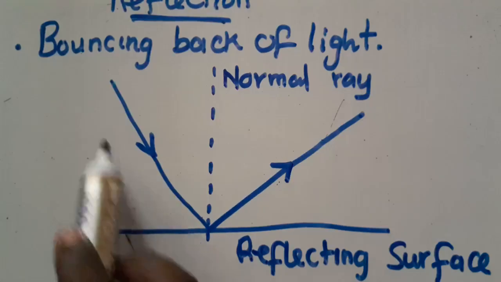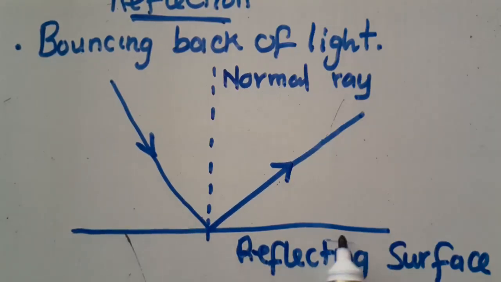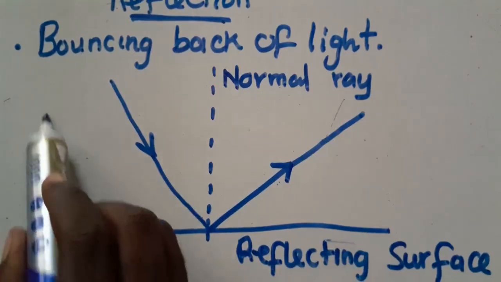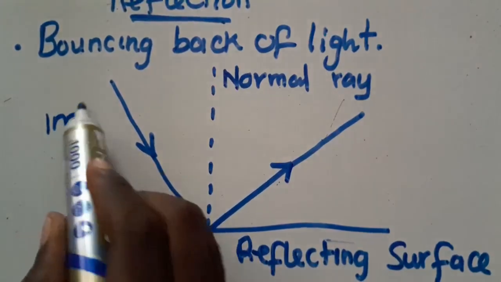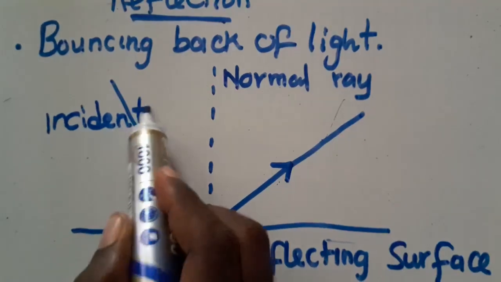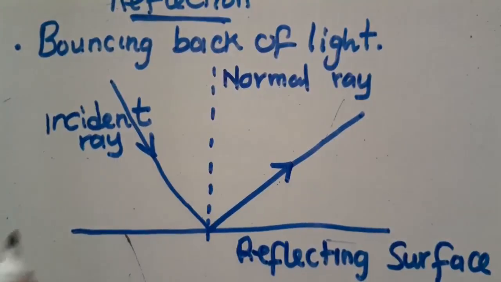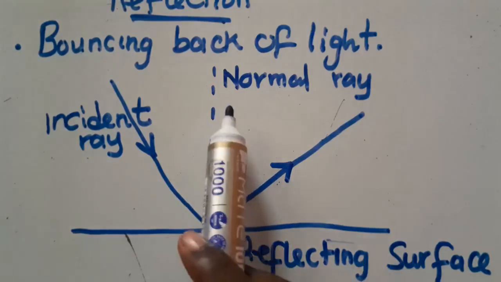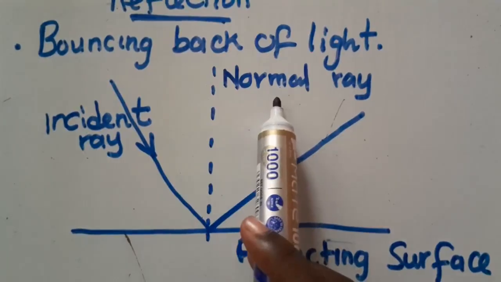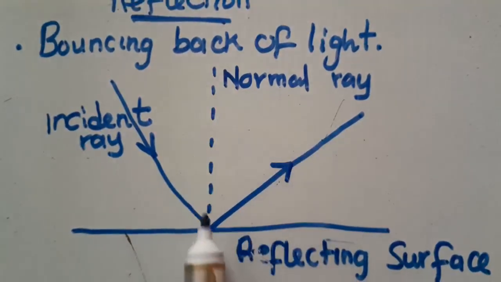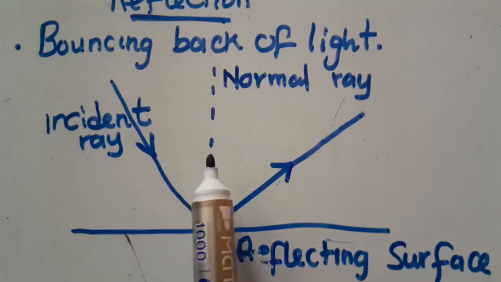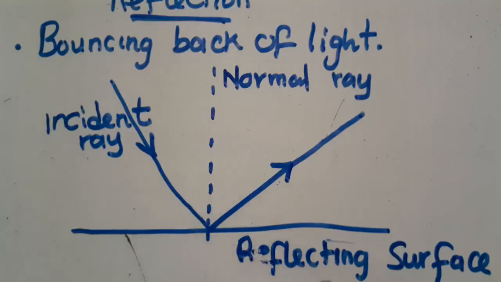So this ray that reaches the reflecting surface is called the incident ray. An incident ray is a ray that reaches the reflecting surface. There is a ray here which I've named the normal ray. This is an imaginary ray, and it is perpendicular, or at a right angle, to the reflecting surface.